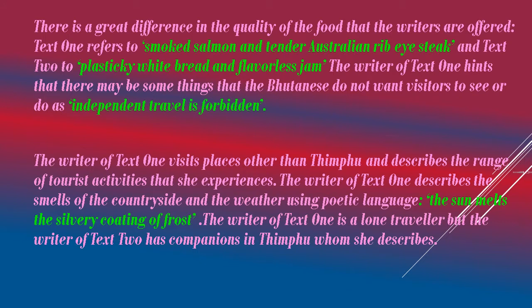The writer of text 1 visits places other than Thimphu and describes the range of tourist activities that she experiences. The writer of text 1 describes the smells of the countryside and the weather using poetic language, and I quote, "The sun melts the silvery coating of frost." The writer of text 1 is a lone traveler, but the writer of text 2 has companions in Thimphu whom she describes.